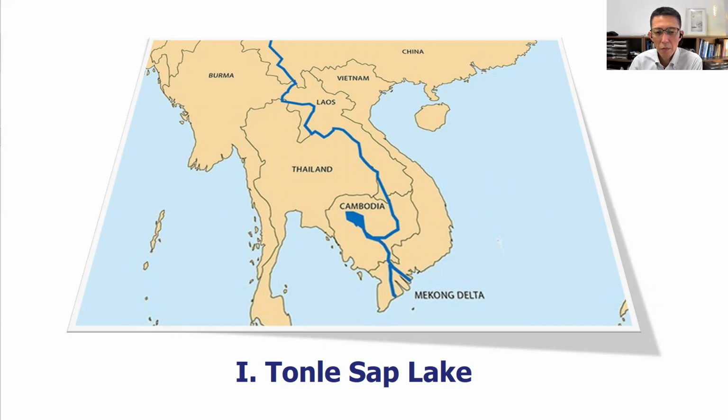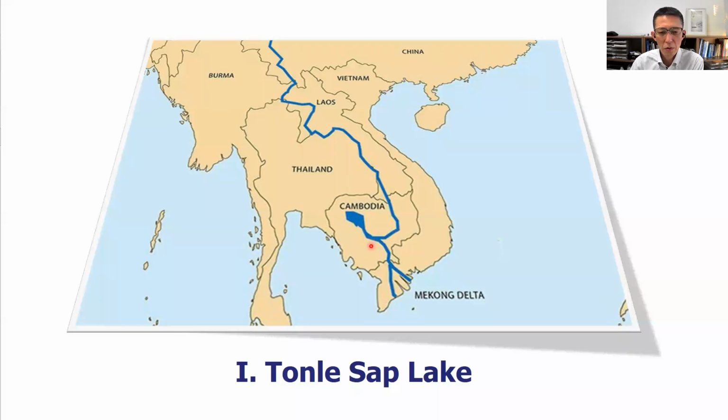The most important hydrological feature of this lake is that we have one big flooding once a year in the rainy season. In the rainy season, the water level in the Mekong River is a bit higher than in the dry season. This is the driving force to have water from the Mekong River into Tonle Sap Lake. This part is called Tonle Sap River.